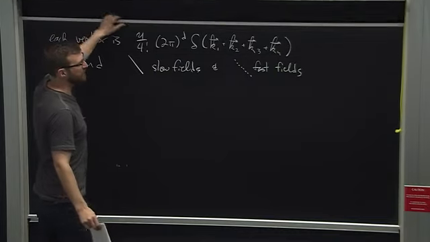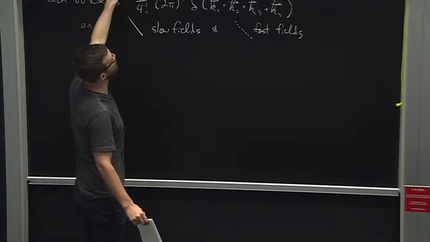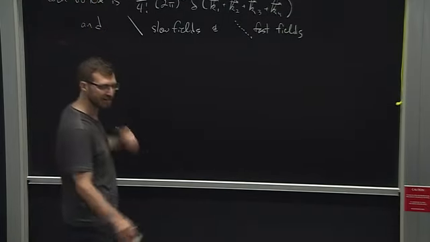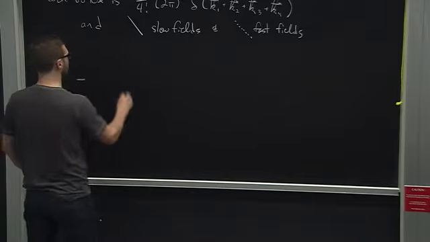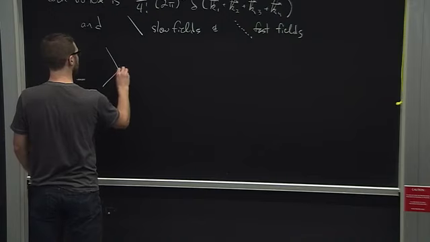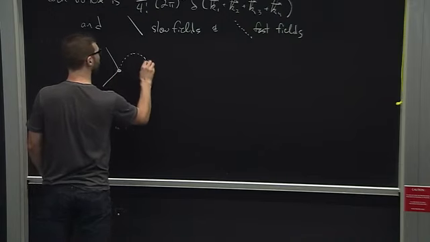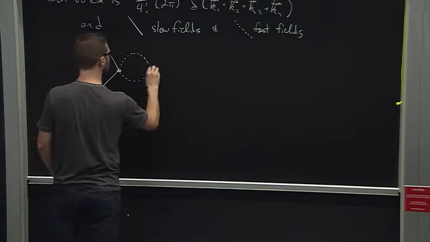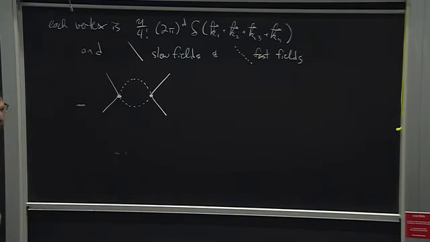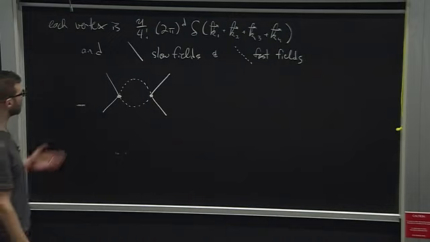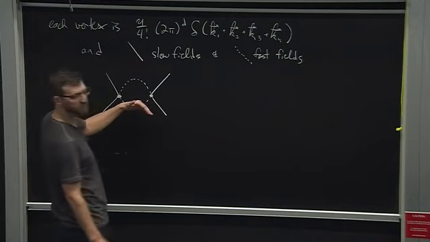And I spent half the class looking at all the terms in these expansions and vaguely arguing for which ones are important. And I convinced you that the only diagram we have to consider in the second cumulant is basically this one here. Slow fields, so 4 slow fields.